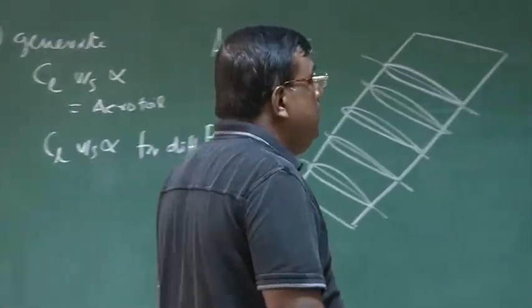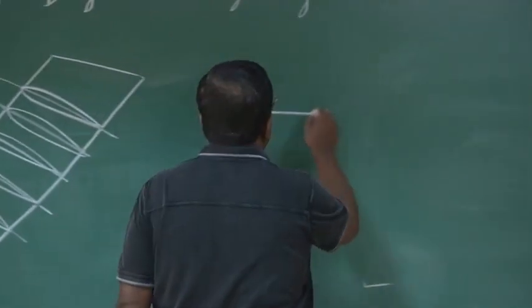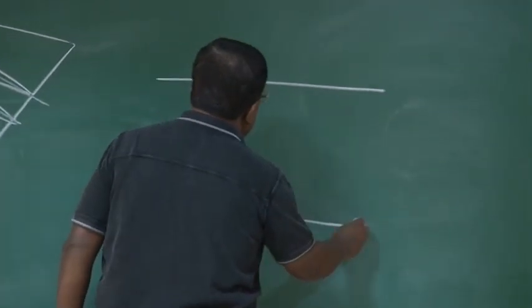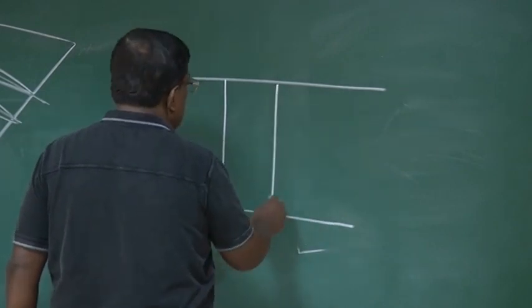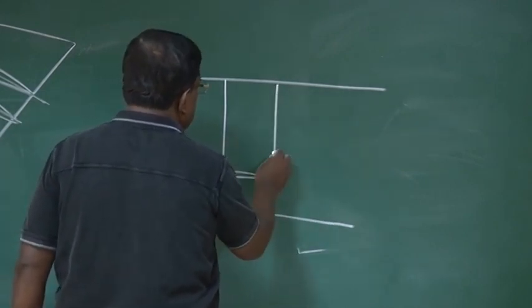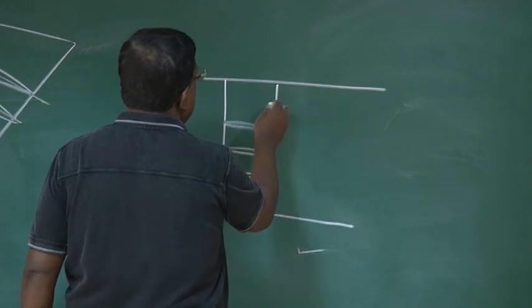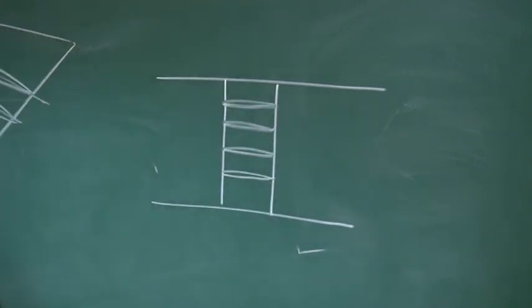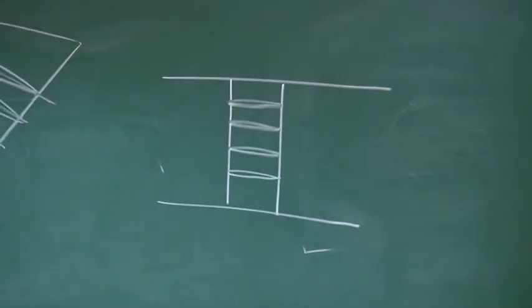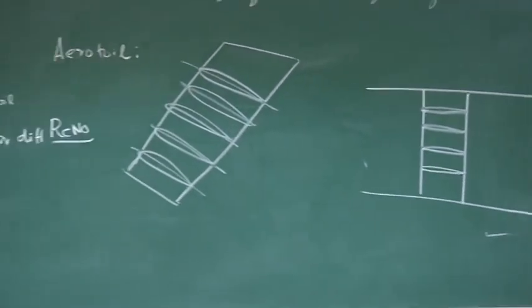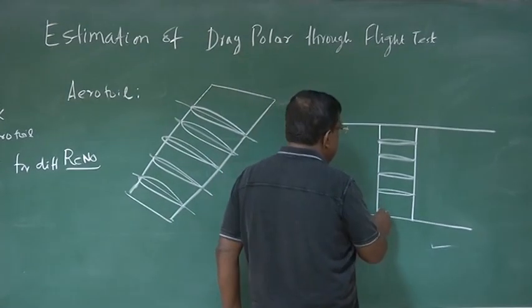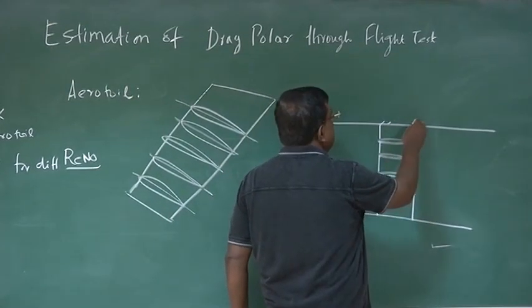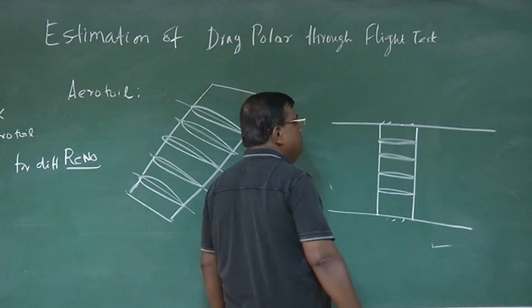So what is the practical, pragmatic way of doing it is, go in a tunnel and end to end you put a wing which is having a shape like this. Contour is decided by the aerofoil, and now you have made the whole wing just touching the wall of the wind tunnel.